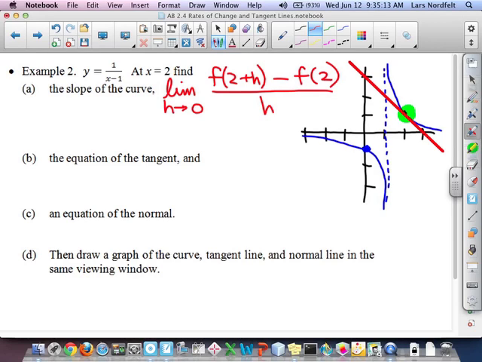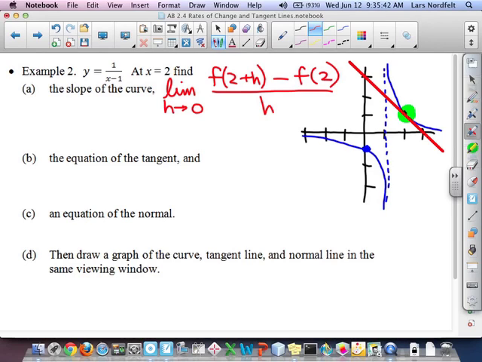Now, I notice a lot of students have trouble thinking about what f of 2 plus h is. But if y equals 1 over x minus 1 is f of x, what's f of 3? 1 over 3 minus 1, right? What's f of 7?